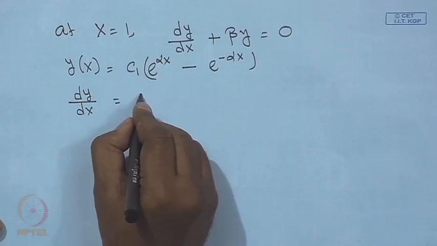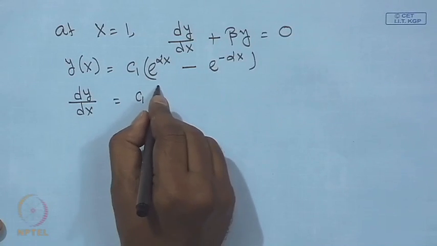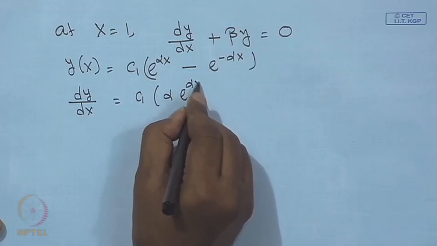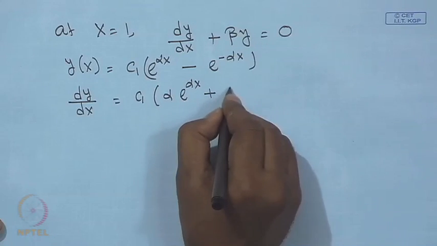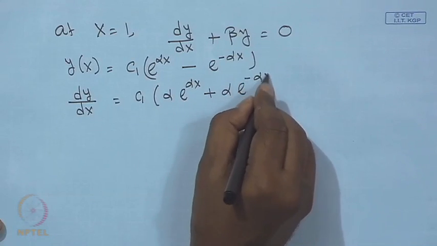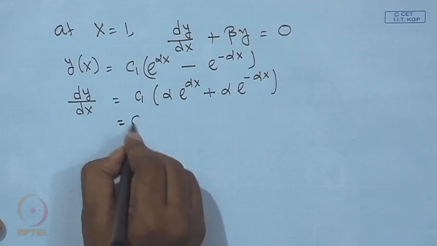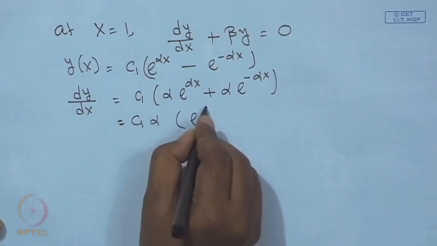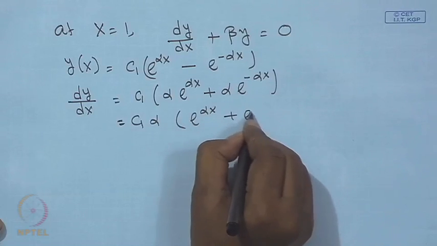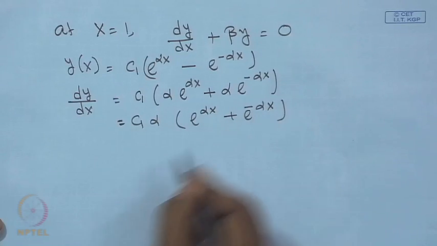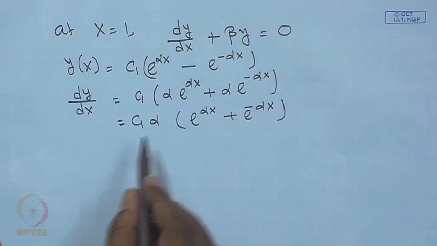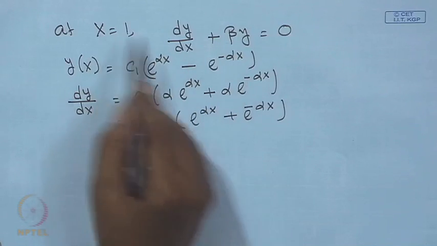dy dx is C 1 alpha e to the power alpha x plus alpha e to the power minus alpha x. So, we can take alpha common. So, C 1 alpha times e to the power alpha x plus e to the power minus alpha x. Now, we put the boundary condition at x is equal to 1.